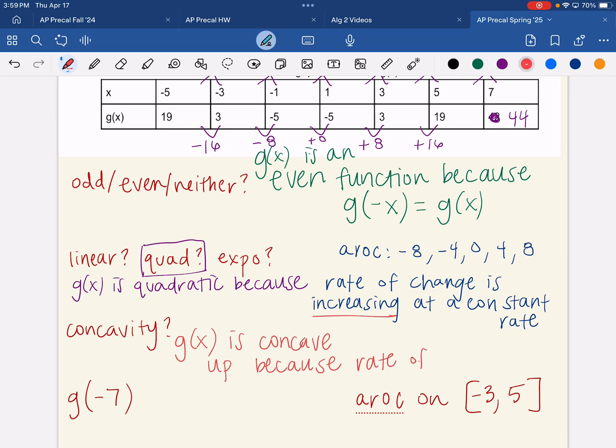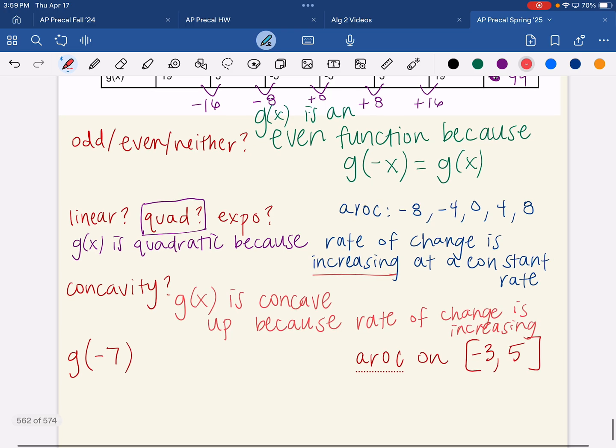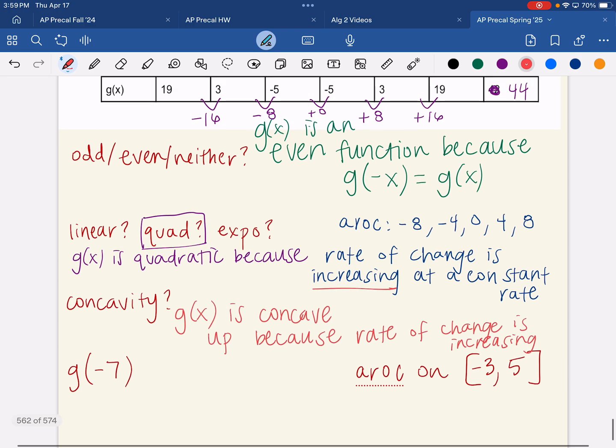The rate of change is increasing. I did. I divided those by 2. Yep, good call. Oh, because that was the change in my x, right? The change in my input.